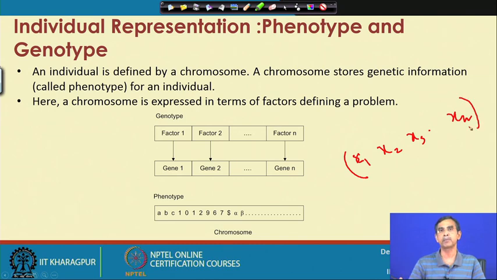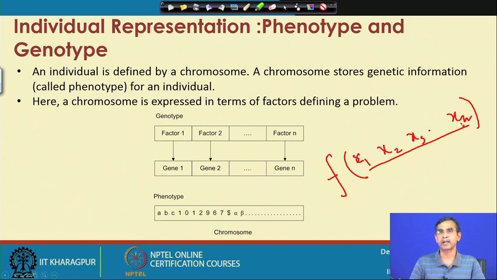These are basically the input parameters, and we have to optimize one function f for given values of these parameters. Here x1, x2, x3 and xn are the n number of design parameters.